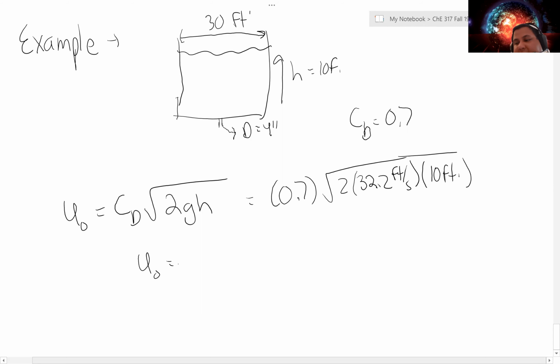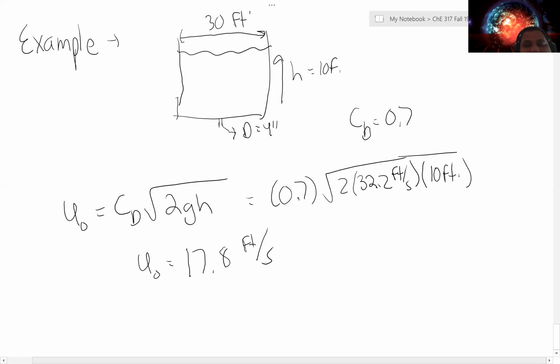This should give us an initial velocity. I'm getting 17.8 feet per second.